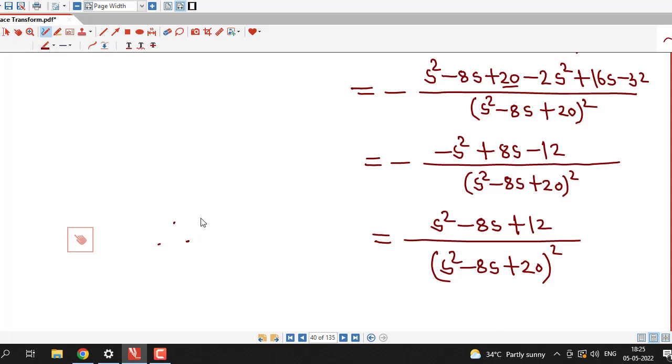So this is the Laplace transform of t times e raised to 4t cos 2t.